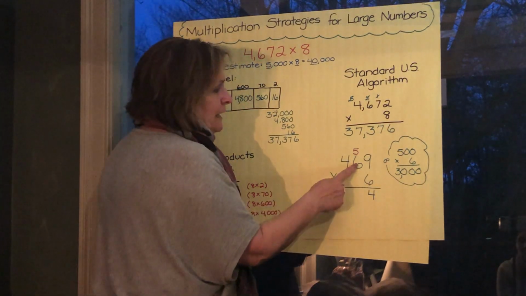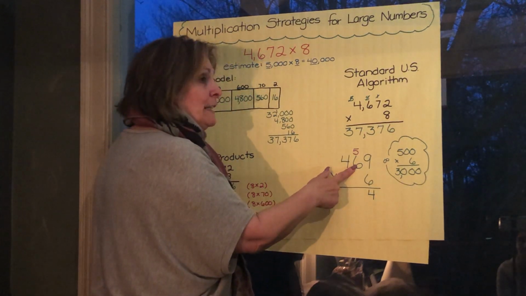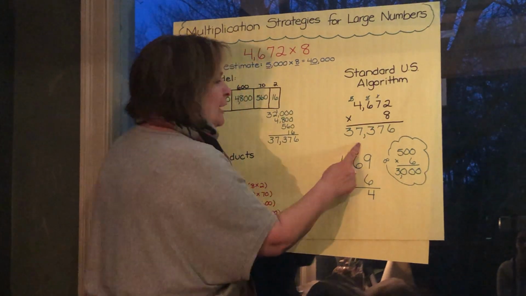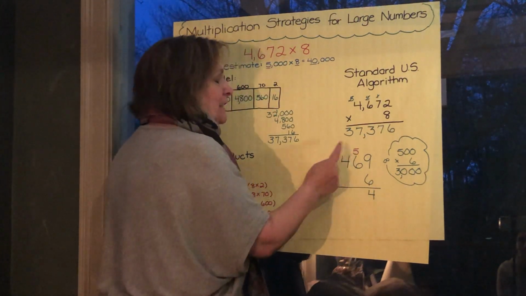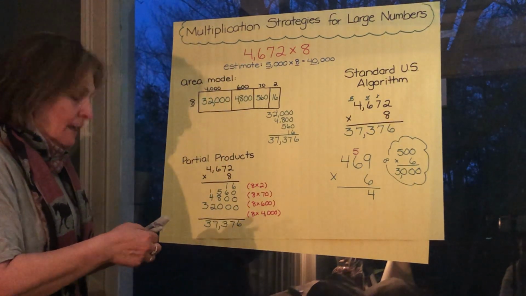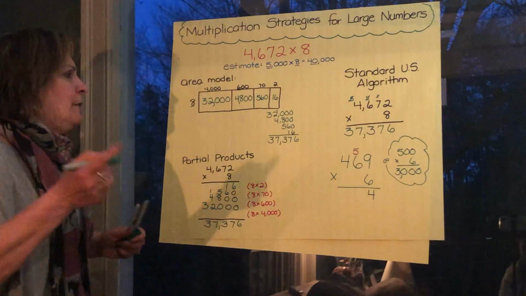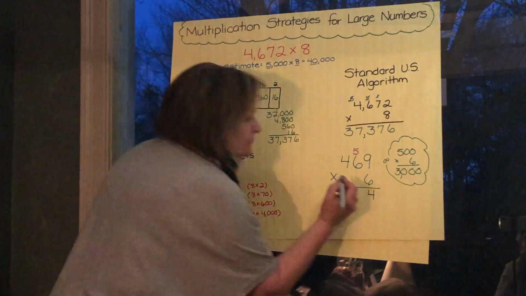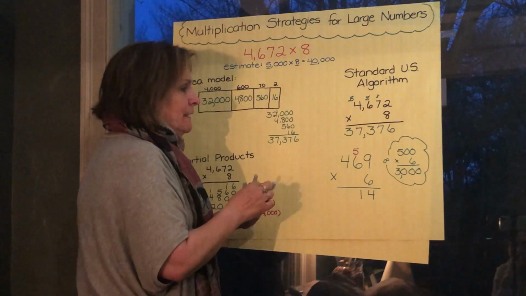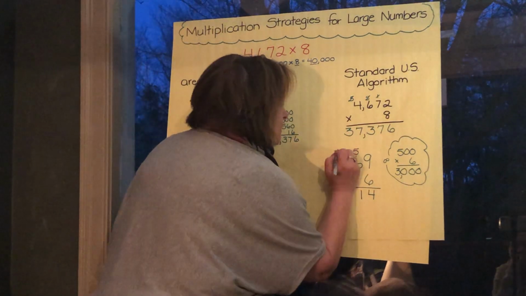So 6 times 6 is 36 plus 5 more. So remember, we're adding in everything that we carry. 6 times 6 is 36 plus 5 more is 41. I'm going to write the 1 down and carry that 4 to the next place value.